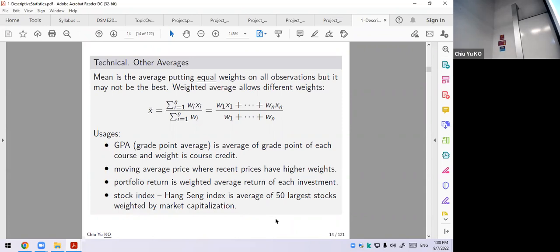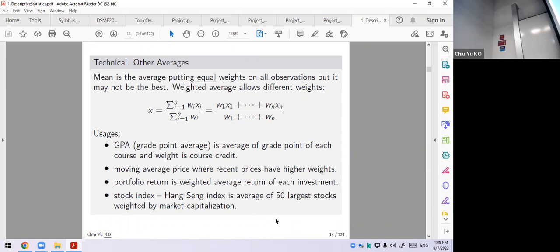Same here, if you are doing investment, a useful indicator is called the moving average. There are many versions of the moving average. In one particular version, you care more about recent prices, so you put more weight on the recent prices, because what happened in the old days doesn't matter as much, but more recent development of the stock is more important. So that's why it's a weighted moving average.